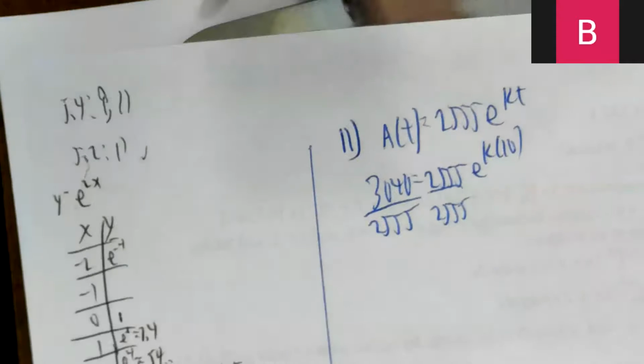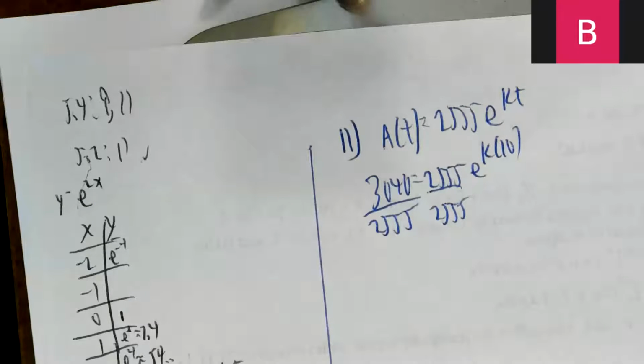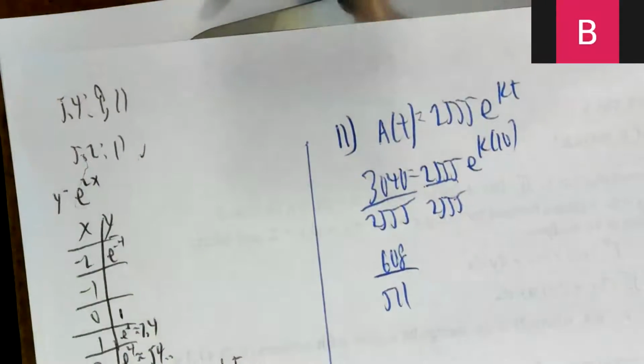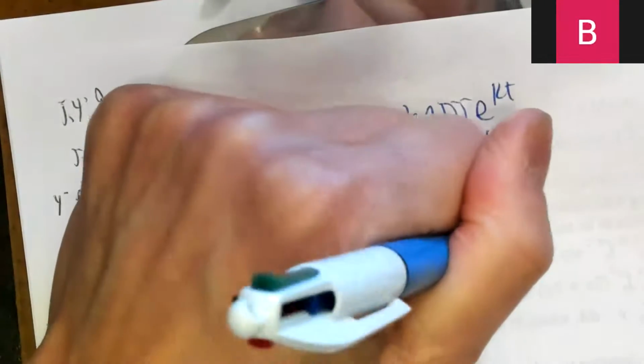Divide by 2,555. I can divide by 5 at least: 3040 divided by 5 is 608, and 2,555 divided by 5 is 511. So 608 over 511 equals e to the 10k.